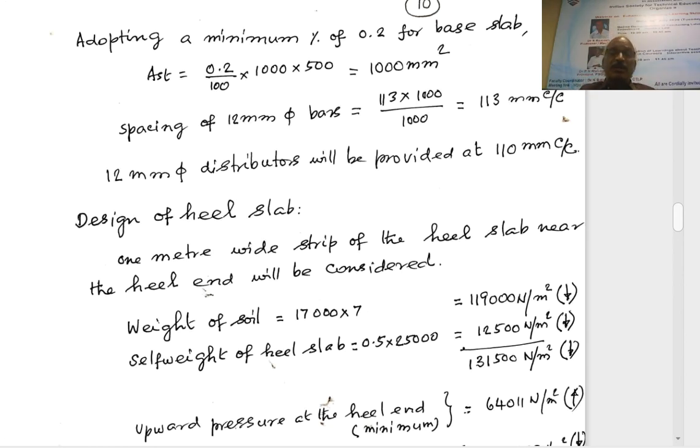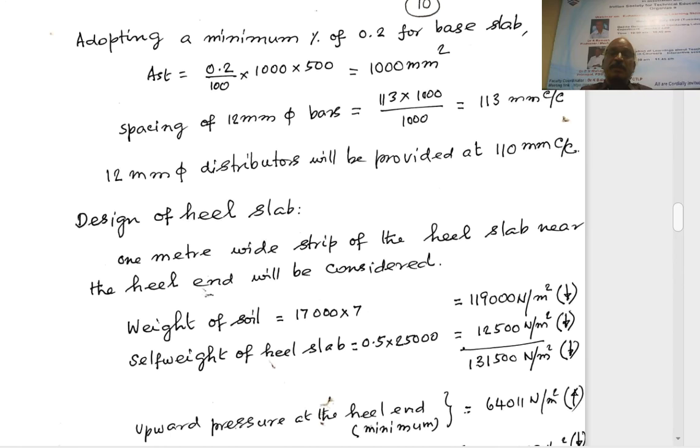Spacing of 12 mm diameter bars is 113 mm center to center. So we will provide 12 mm diameter distributors at 100 mm center to center.